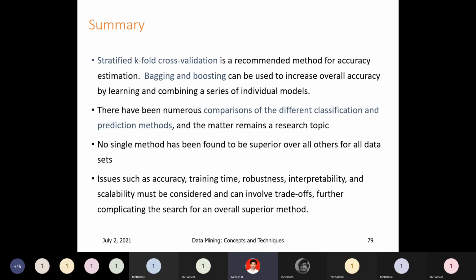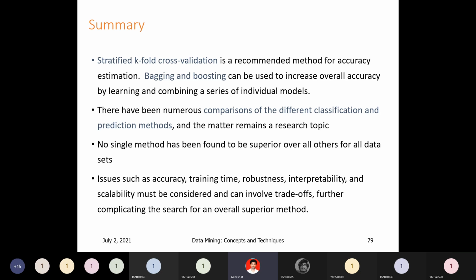For some data sets, in some classification methods, accuracy and training time are high. For some methods, robustness and interpretability are high. For each and every classification method, across these five features, some method has high accuracy, some has low accuracy, some has high training time, some has lower training time.